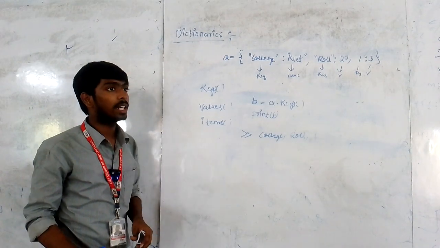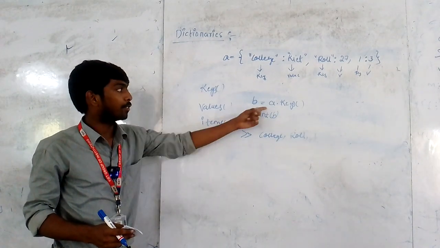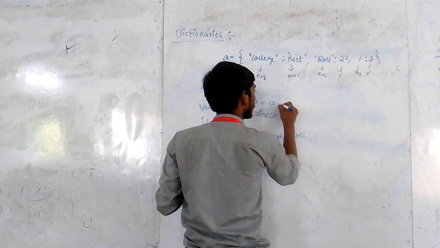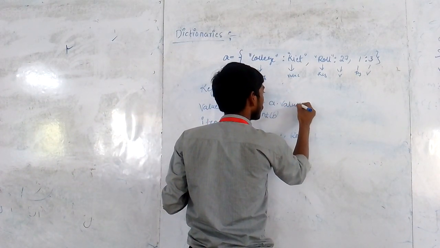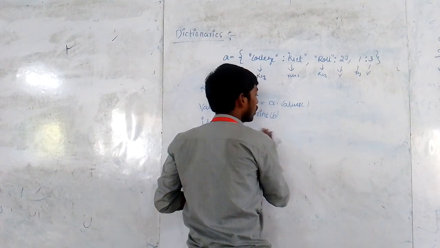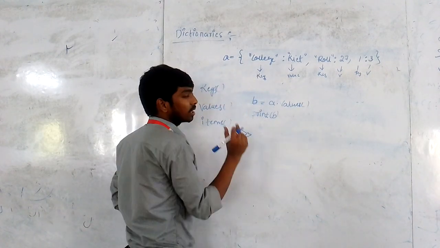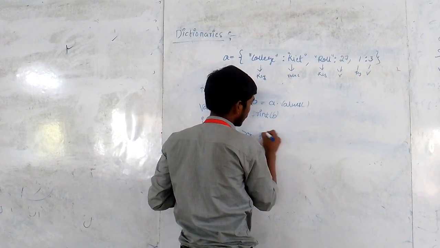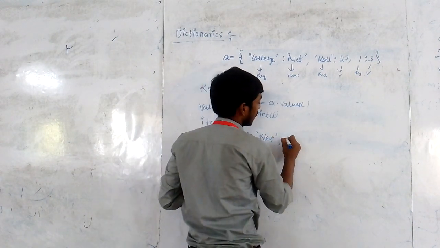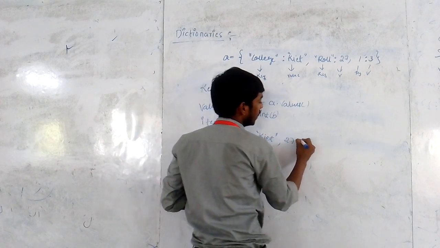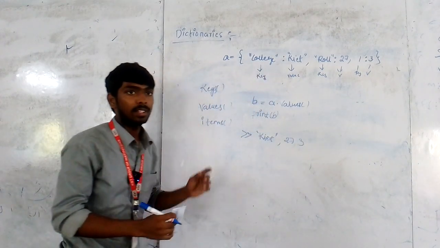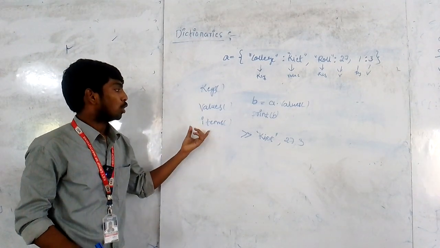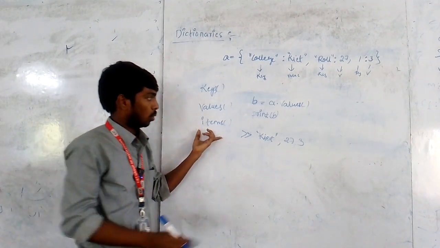If you take values in the place of keys, the required output is the values in the given dictionary: kite, 27, and 3. This is how you can access values from the given dictionary. So what does items do?